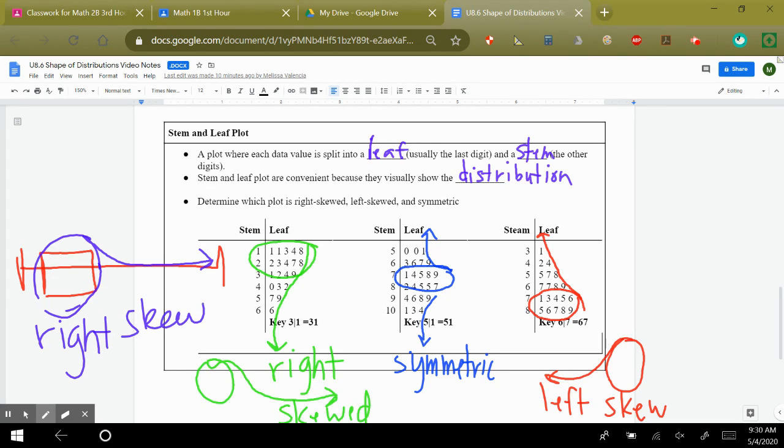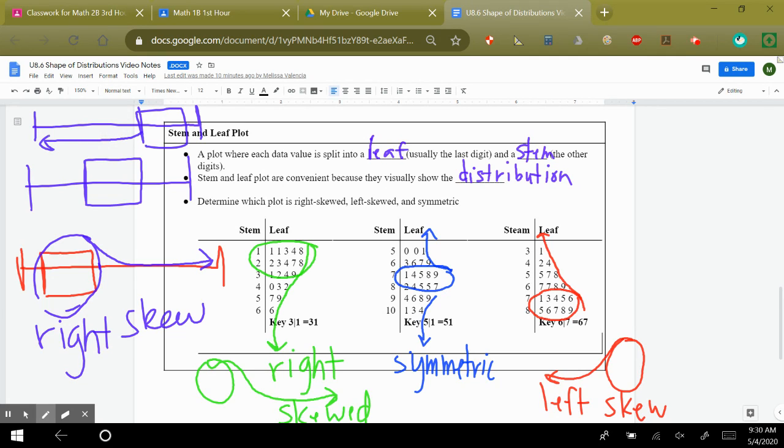If your box is right in the center of your number line, that one would probably be symmetric. If your box is all the way out here, and most of it is trailing that way, or you have some numbers trailing that way, it's pointing to the left, a left skew.